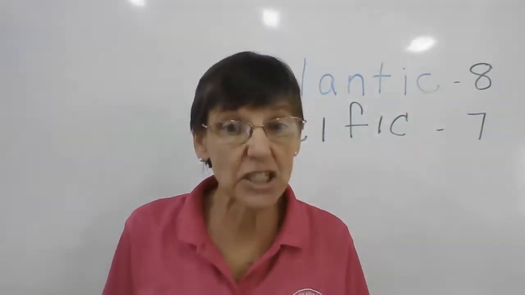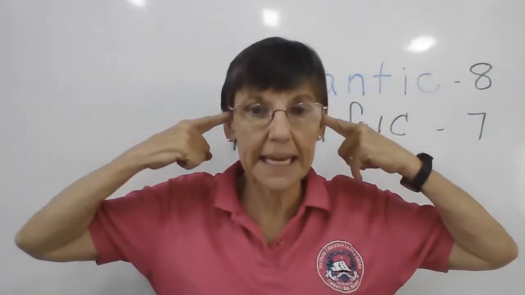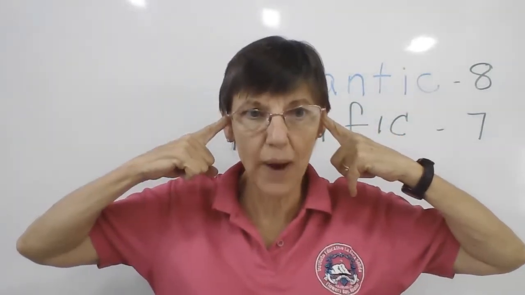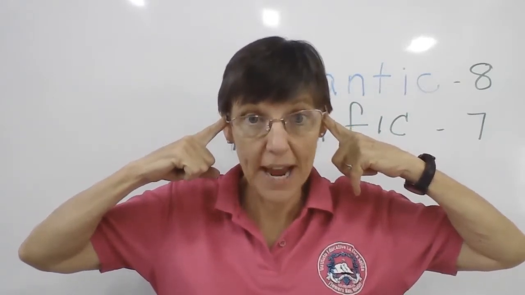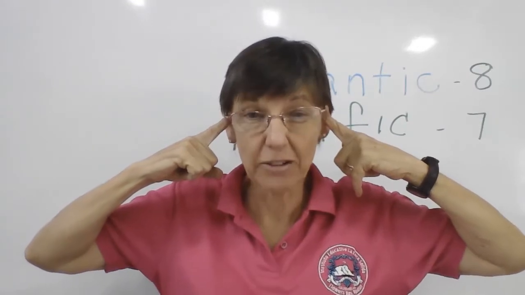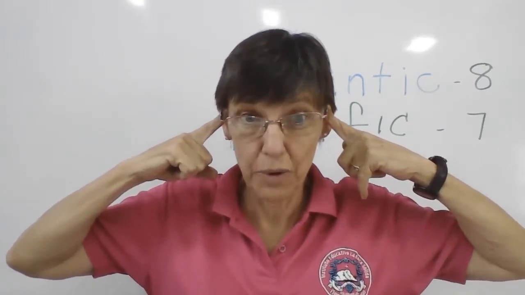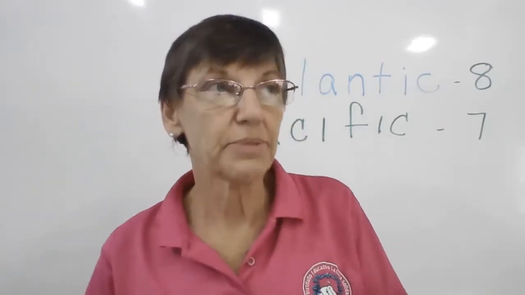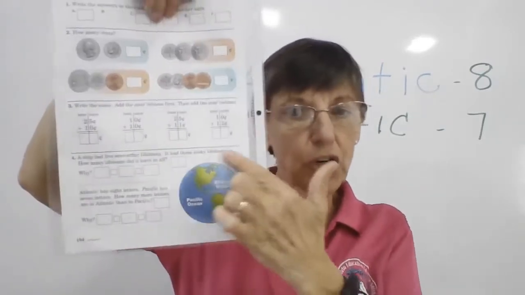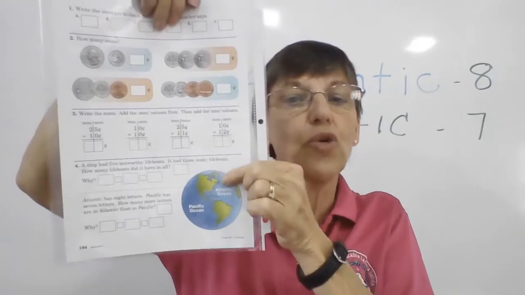Okay, now this next one you've got to think about. This is a thinking question, okay? Thinking question. Ooh, how smart are you? Okay, ready? Now, there's a picture of a globe. This is what the Earth looks like, right? Here's North America.